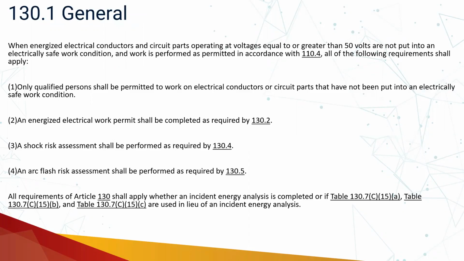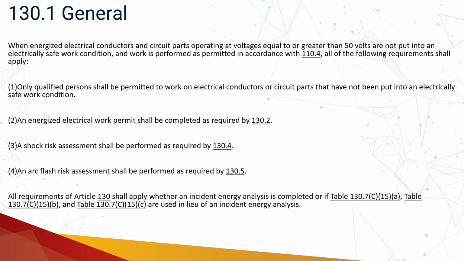130.1 talks about general requirements when energized electric conductors and circuit parts operating at voltage equal to or greater than 50 volts are not put into an electrically safe work condition. The work is performed as permitted in accordance with Article 110.4. All of the following requirements shall apply.